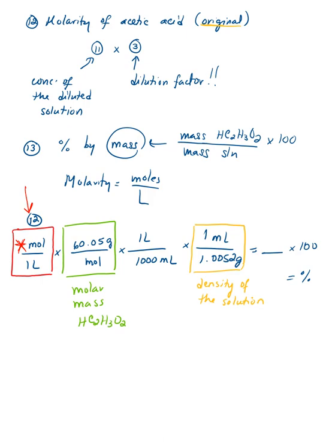Now, first thing that I'm doing here in green, I have the molar mass of acetic acid. Your molarity for the original solution is moles of acetic acid per liter. You want to go from those units all the way to grams of your solute per grams of your solution, because that's what you have in your percent by mass equation. So first thing, I'm multiplying my molar concentration, whatever number you have right there, and those are the units, moles per liter, times the molar mass of acetic acid.